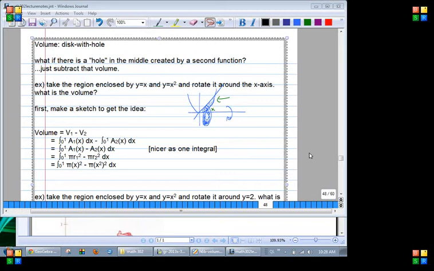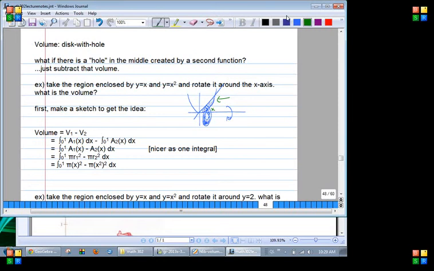You have to do one volume minus the other volume. And then we have to use the technique that we learned from finding enclosed area, where you have to figure out where the solid starts and stops in terms of x value. So you just set the two functions equal to each other, and that gives you the endpoints for your integral.